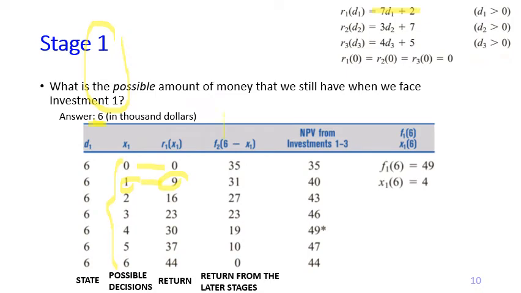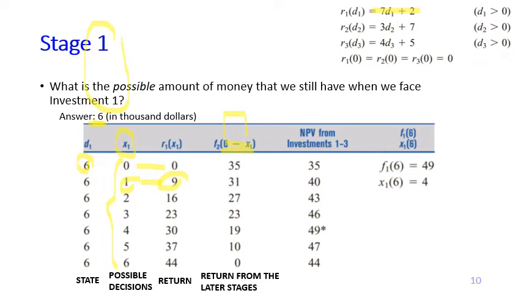The something is the state at the beginning of stage 2. So the state equals 6 minus x1, because we begin stage 1 with $6,000 and then we invest as many as x1 thousand dollars. So the amount of money that we still have when we begin investment 2 equals 6 minus x1.